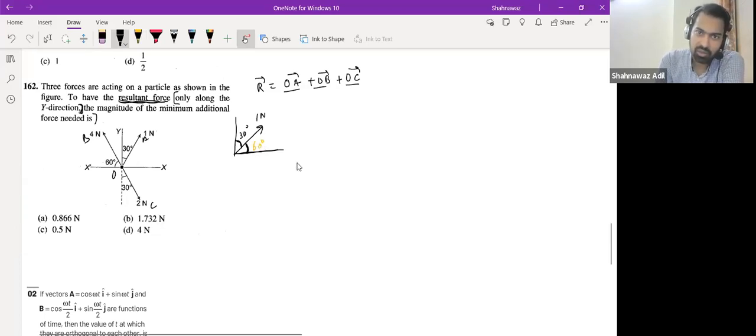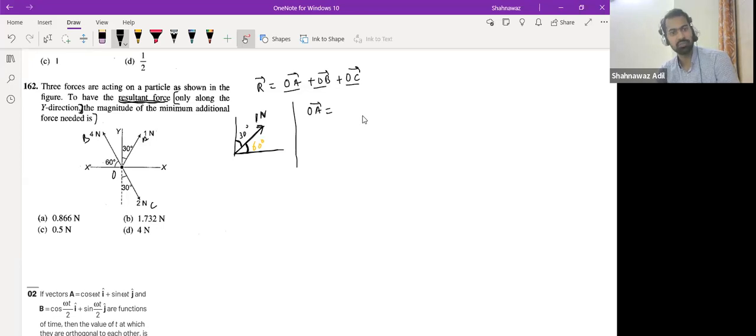And now you tell me what is OA. Magnitude is 1 Newton and angle is 60 degrees. What would be OA vector, Akif? OA vector, guys. Martin, OA vector. What would be OA vector?